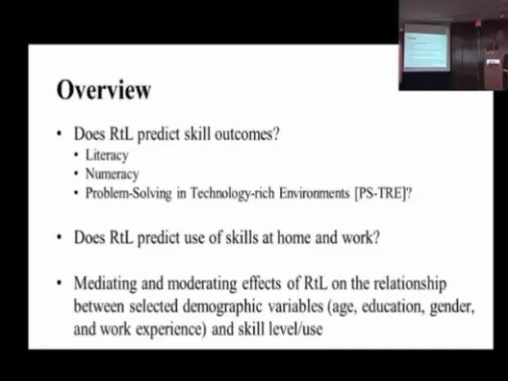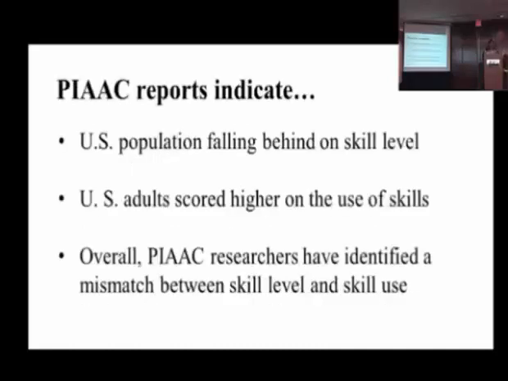And then we looked particularly at mediating and moderating effects of RTL on the relationship between selected variables, we'll get into that, and skill level use. So that's kind of, in a nutshell, what we did. Previous indications from just reviewing PIAAC and some of the research that has come before has certainly shown, and we've heard a number of times today, that the U.S. population is falling behind on these skill levels.